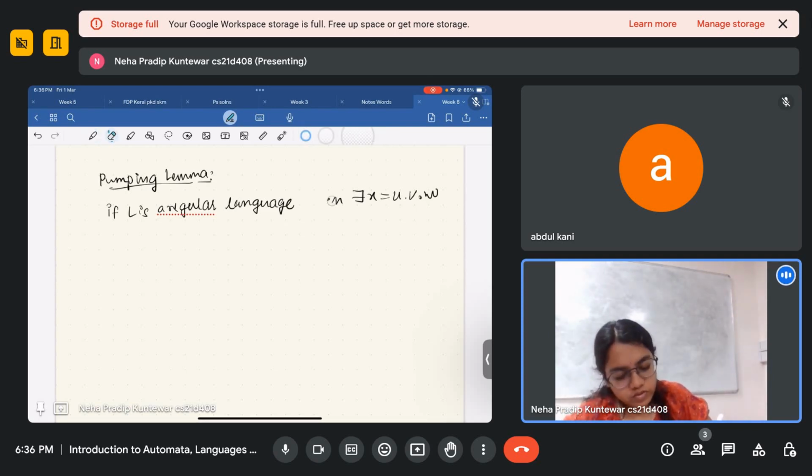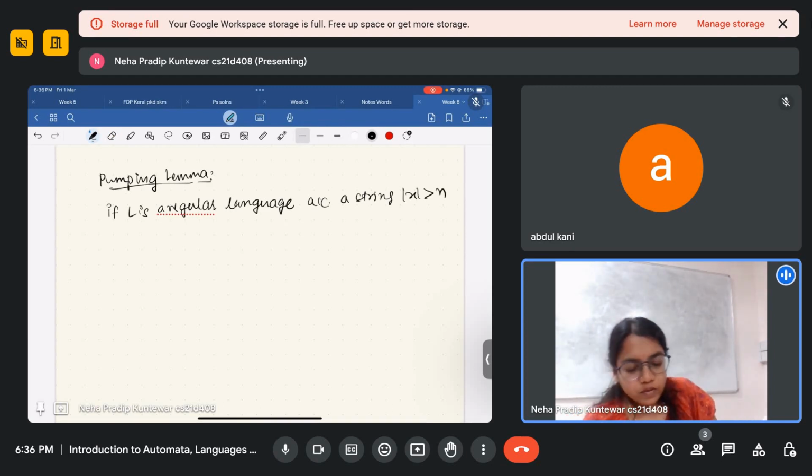Just to be clear, x is a string accepted by the regular language whose length is more than, let's say, the number of states.